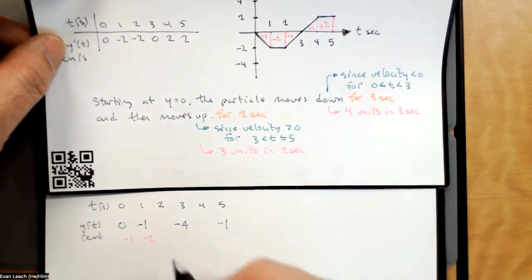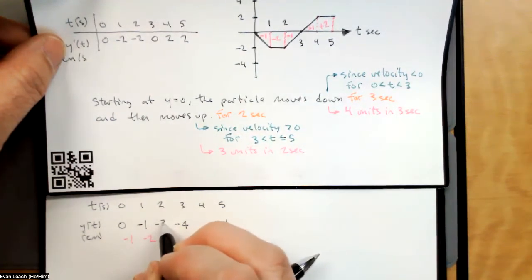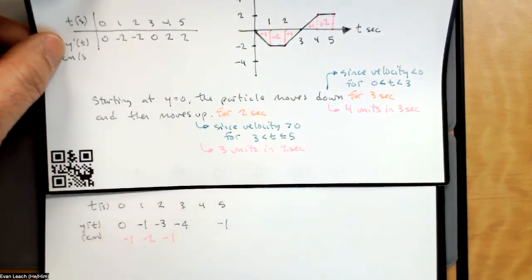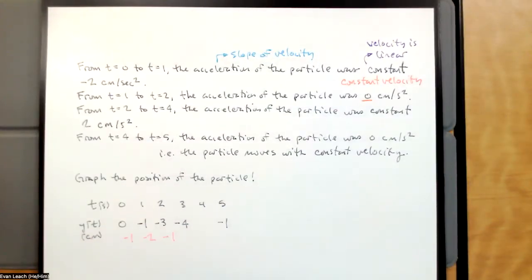So it went from -1 down to -3. And then from 2 to 3, the position decreased by 1 again to -4. The velocity was increasing, but the particle was still moving downward. It was just slowing down.